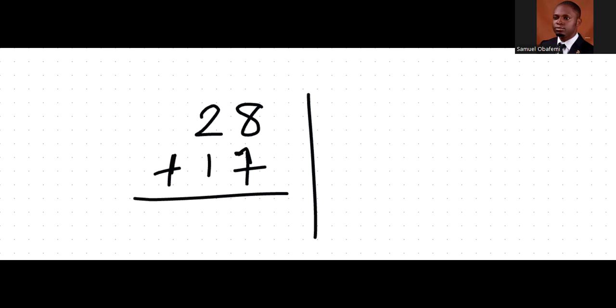So, you have to teach them that 8 plus 7 is equal to 15. That is step one. Then step two is that they will write 5 and carry 1.